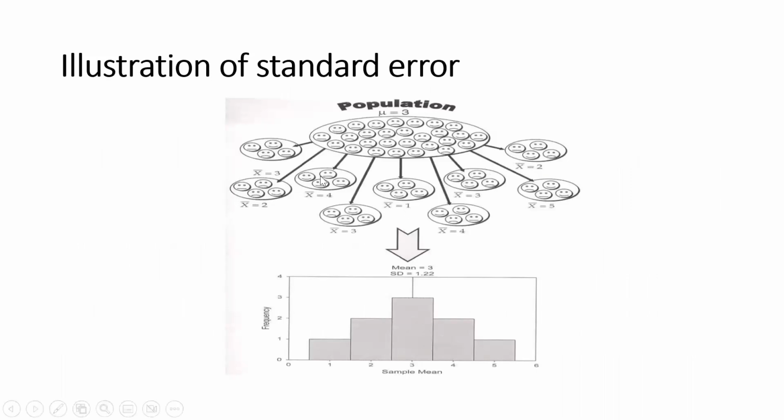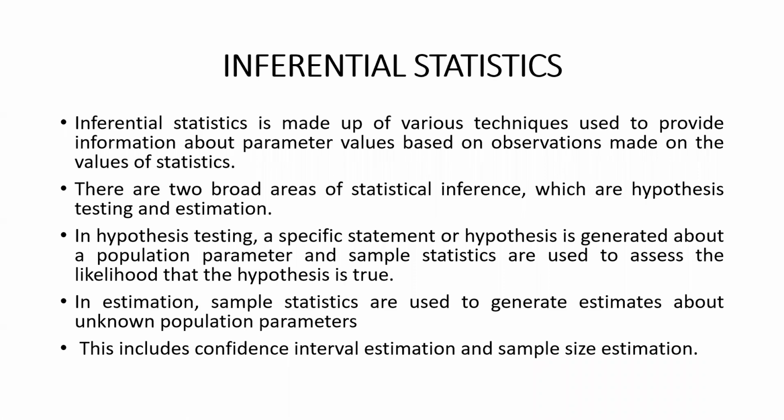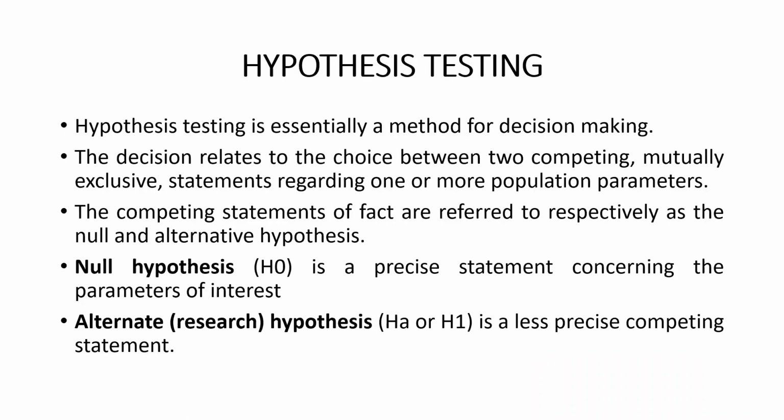So are you now going to tell me that when you get a mean of 4, you will say, aha, it means that the mean of this population is 4. Then you take another sample, you get a mean of 5. You get confused. It means that the mean value in this population is 5. Is there any difference between 4 and 5? Is it not coming from the same population? You are not sure. And even when you are comparing, you are still not sure, because whatever difference you are seeing may really actually be due to chance and not reality.